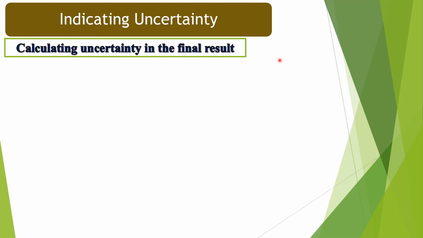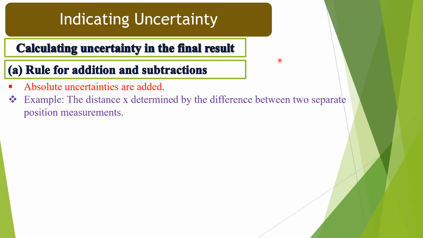Let's see an example. The distance x is determined by the difference between two separate position measurements. If x1 is equal to 10.5 with uncertainty plus minus 0.1 centimeter and x2 is equal to 26.8 with uncertainty plus minus 0.1 centimeter.